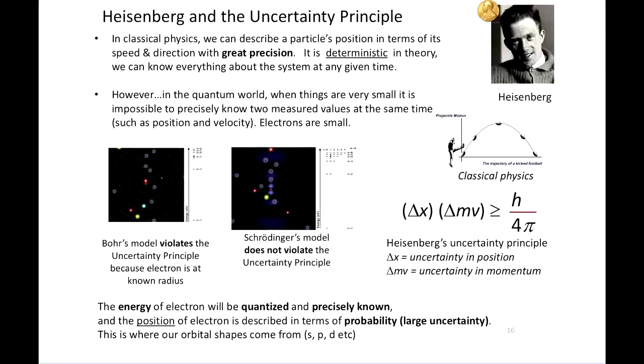So the big difference here, and where the uncertainty principle comes into play, is that in classical physics, we can know everything about everything at any time, all the time. So if I took a football and kicked it across the room, you could track the location of that football at any point in time.